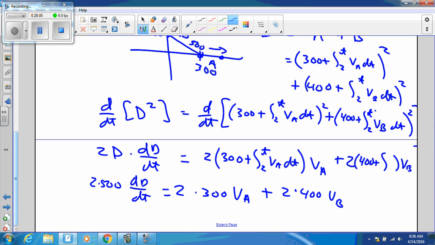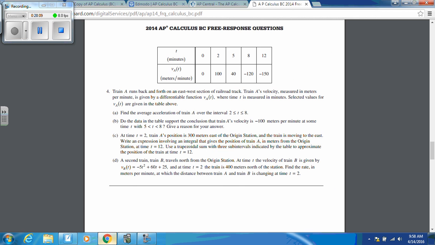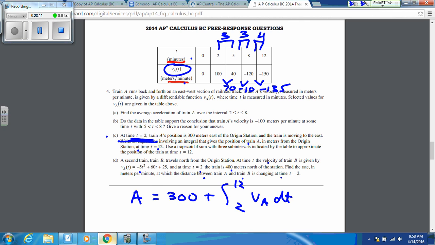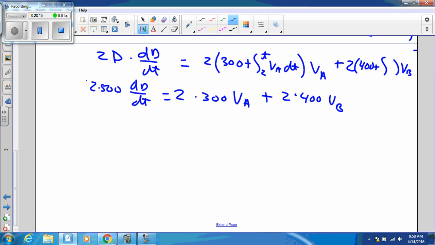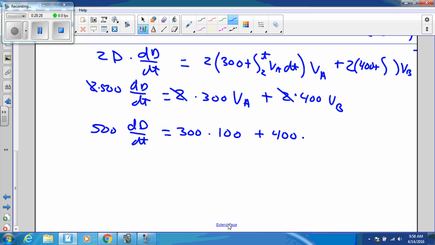And now I just need to look up the values of VA and VB at t equals 2. And the value of VA comes off the table, which is 100. Along the way, I cancel out 2's. And the value of VB, it better be measured.